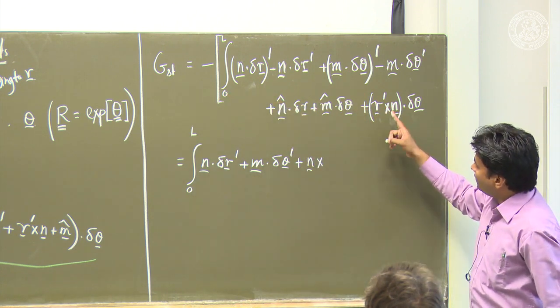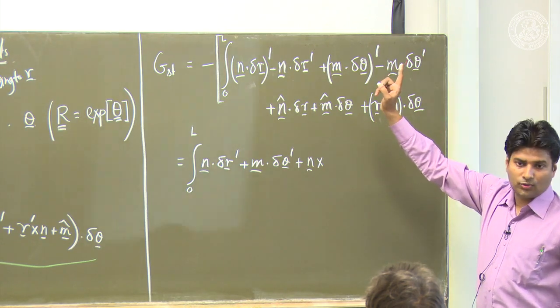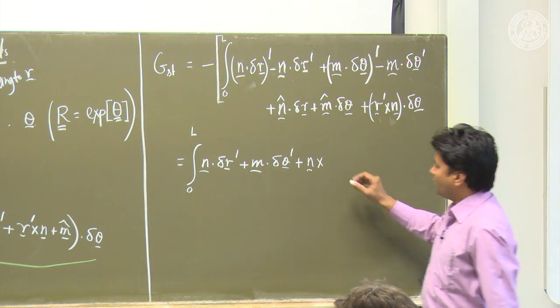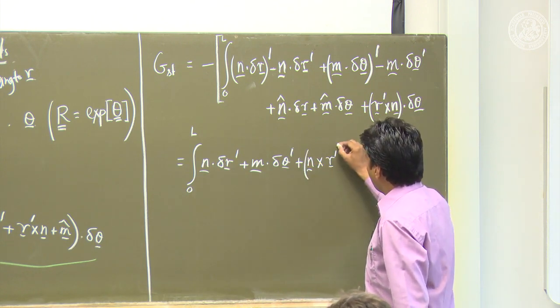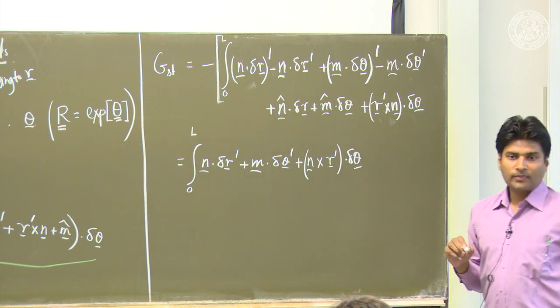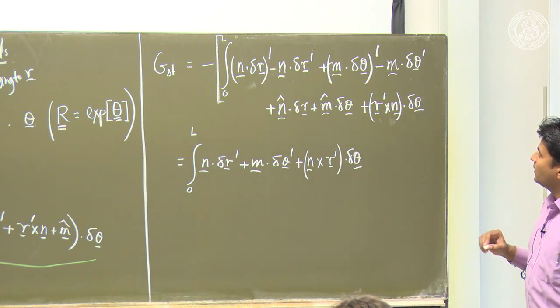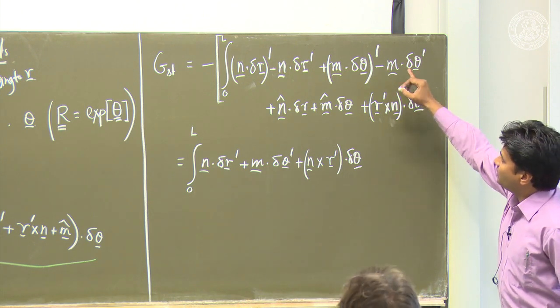So I could write it as n cross little r prime dot del theta, and then the minus goes away. So I took care of this term, then the term over here, the term over here.